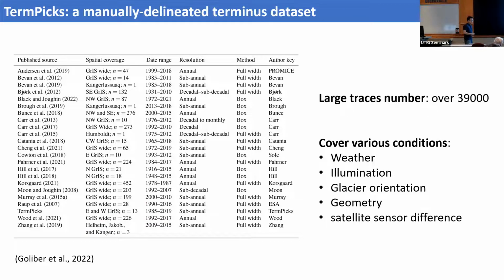Fortunately, we can have this highly diverse training set, because scientists have been picking terminus data manually for decades. So we do have a lot of human-picked terminus traces. And here's a study published by one of our PhD students, Sufi, in The Cryosphere. It is a highlight paper.